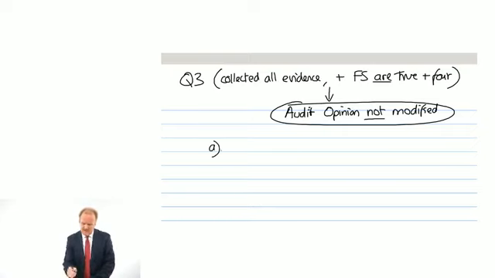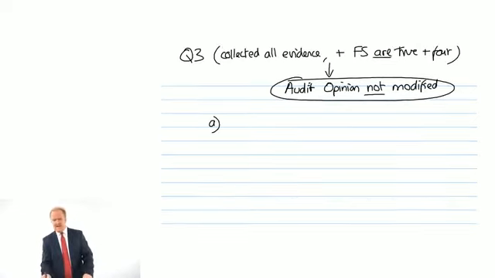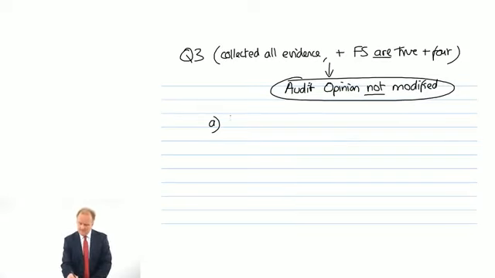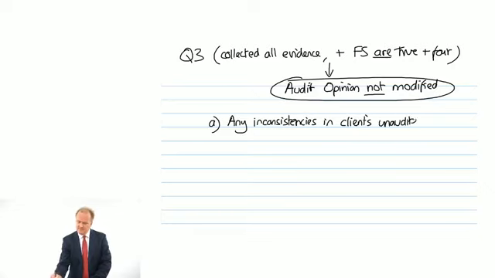Well, it comes in 2 parts. Question 3A. Are there any inconsistencies in the client's unaudited annual report? This is what I was getting at earlier.